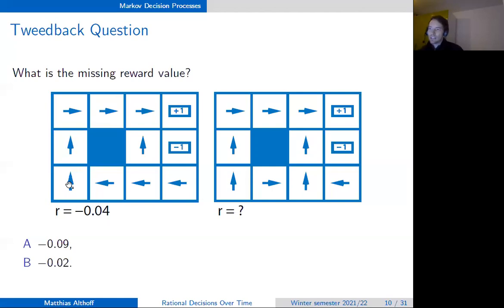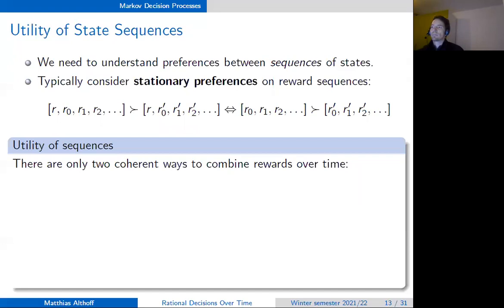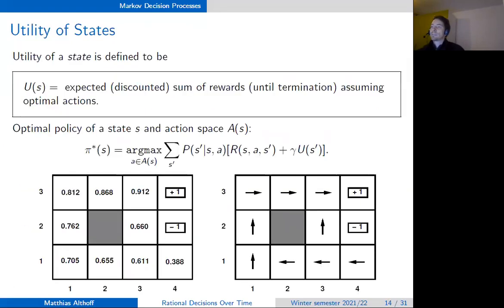So the utility of the state you start in is the expected utility when you start in the state, given the optimal policy, until the problem is terminated, or if it's an infinite duration, then for this infinite duration. Okay, and this can be written as follows.